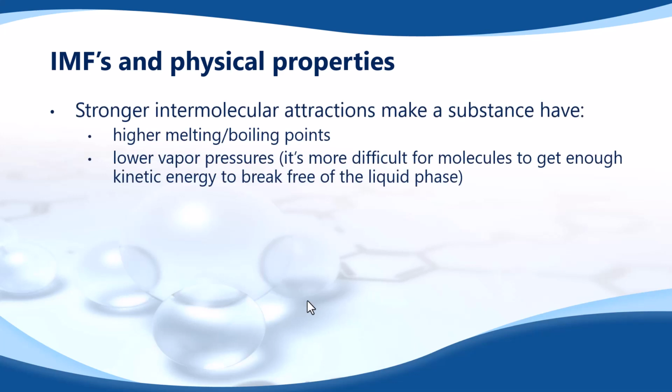Right, so again, intermolecular forces are attractions. They hold molecules together. If you're holding molecules together, it becomes harder to melt or boil them because you have to separate molecules in order to accomplish those phase transitions. It also leads to what are called lower vapor pressure.